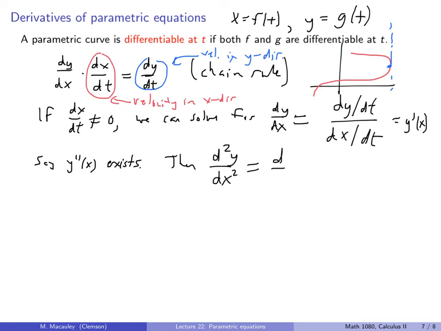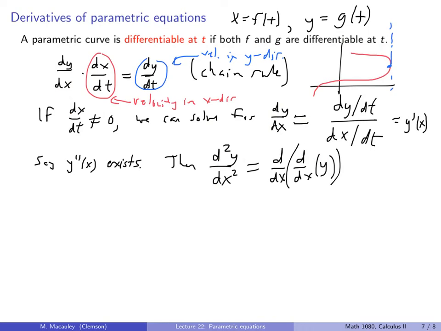You can think of the derivative as being an operator. The first derivative is just d/dx of y, and the second derivative is d/dx of that again.